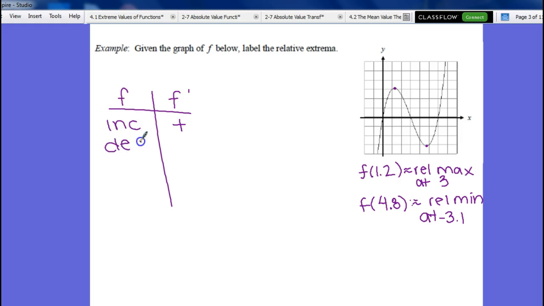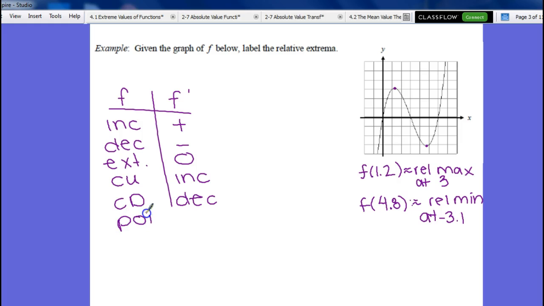If our original graph is decreasing, our derivative needs to be negative. And if we have an extrema, our derivative needs to be 0. If we're talking concavity, if the original graph is concave down versus concave up, then this graph is increasing or decreasing, and our points of inflection will be our new extrema.